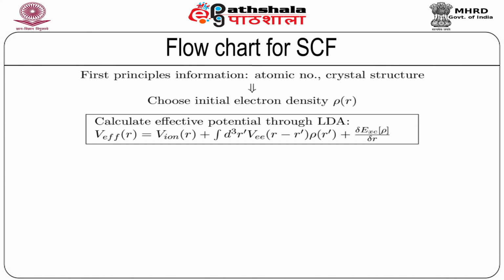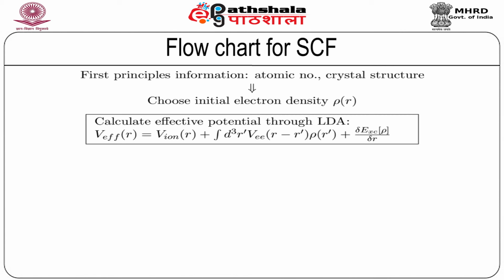One then chooses the initial electron density, which is given by this rho(r), and then calculates this effective potential through density functional theory, as we will discuss in the next lecture. That also involves the implementation of a particular kind of approximation for the exchange correlation.